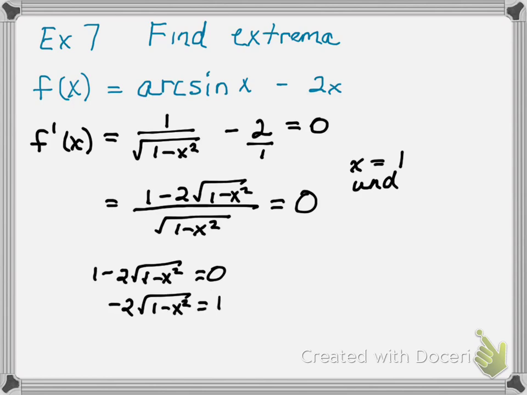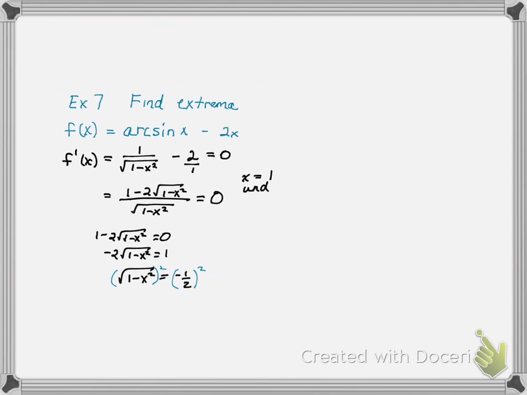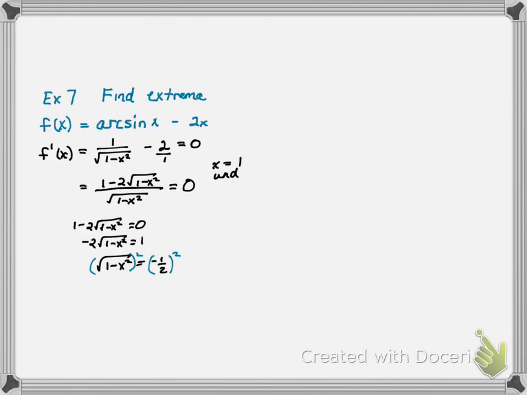And I'll divide by negative 2, which will give me that. And now I could square both sides. So if I were to square both sides, that would give me 1 minus x squared equals 1/4.